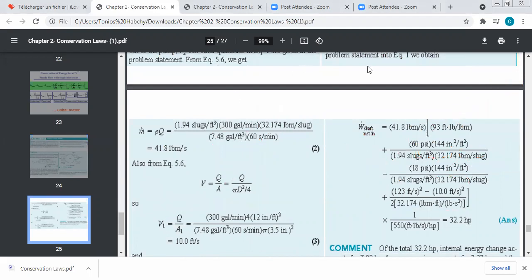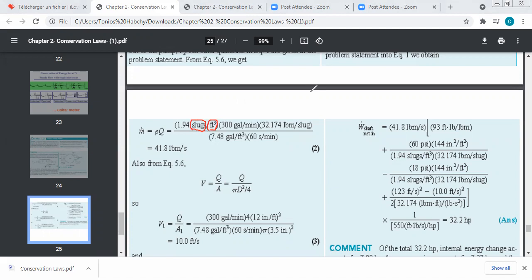So here you can see that all of this work is for conversion of units. When we talk about units, you know that slug is a unit of mass in the British system, and feet corresponds to meter in SI.